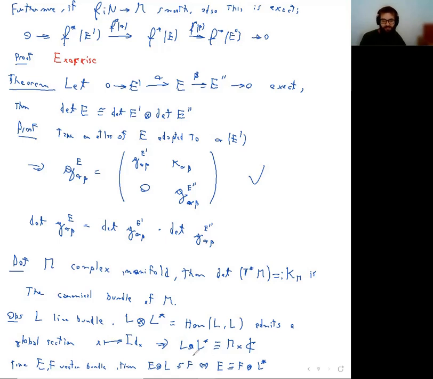And the point is that it does because it is isomorphic to M times C. So if you think at the level of transition functions, the transition function for M times C is just the function which is always 1. So it definitely doesn't influence E. So we get back E. So E tensor L star is E. This is what was written here, basically. Okay.